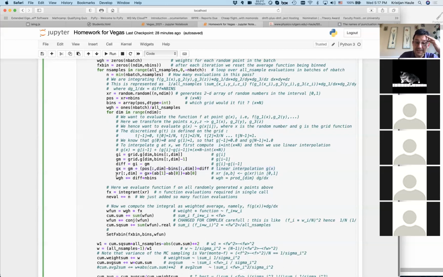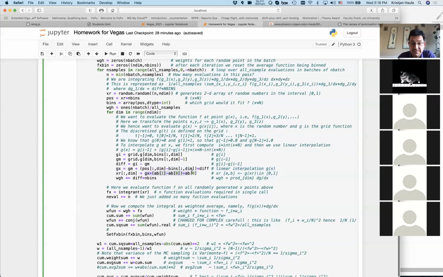The big difference is that we have to then stretch this array which was defined from 0 to 1 to A to B. So basically, in this line, the g of x has to go not from 0 to 1, but from A to B.